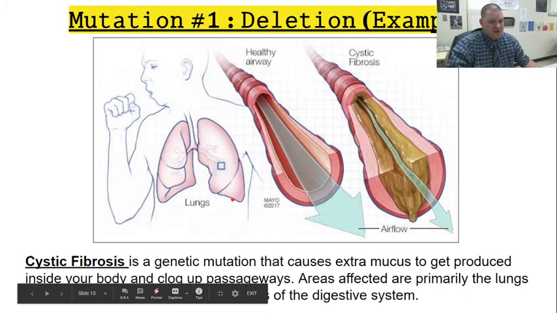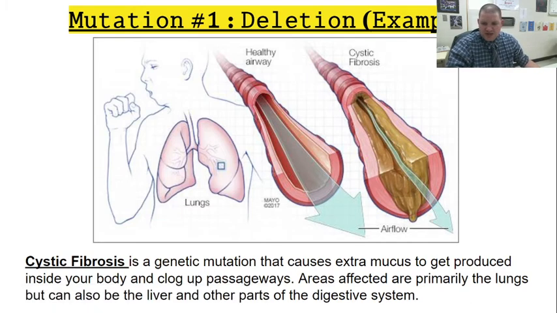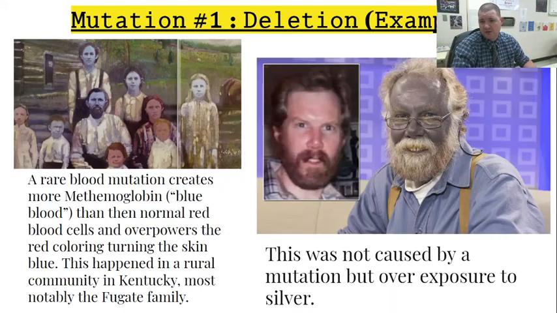Another example of a deletion would be cystic fibrosis, which basically means extra mucus gets produced in there. It is a deletion mutation that causes this. It leads to a bunch of problems developing to you, typically around your lungs because there gets mucus in the passageways and things get clogged, so your airflow isn't going to be as good.